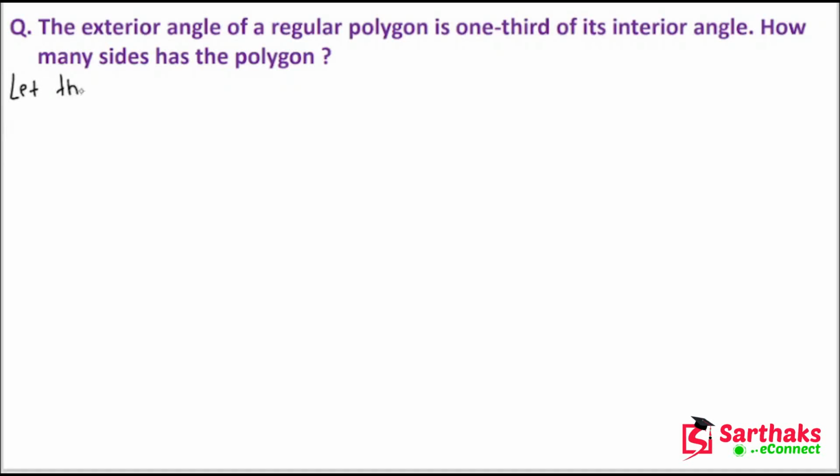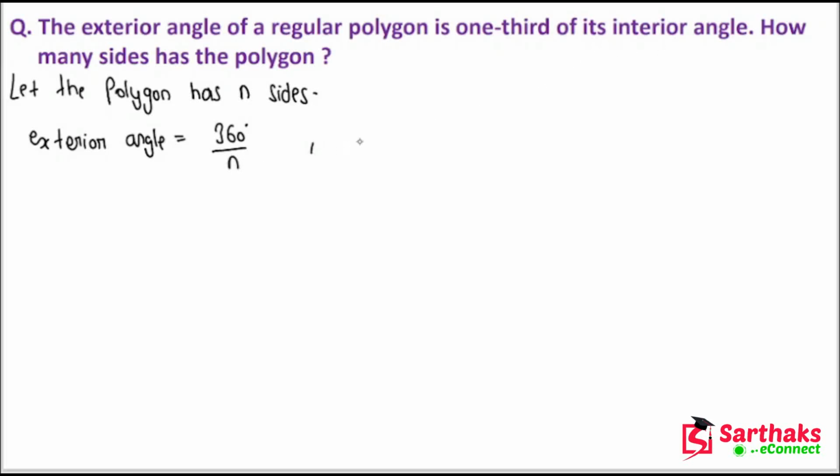Let the polygon have n sides, right? So for a regular polygon of n sides, the exterior angle is equal to 360 degrees whole upon n, and the interior angle for a regular polygon is equal to (n minus 2) into 180 degrees whole upon n.